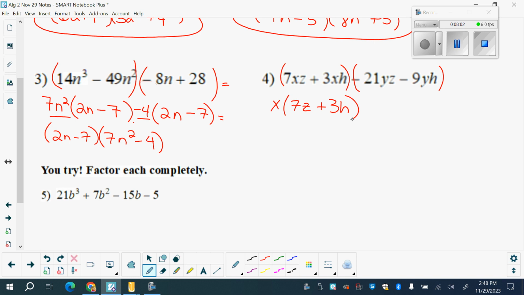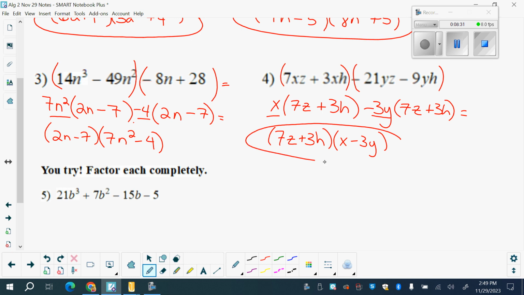So there's going to be a y, and is there a number? Yeah, so negative 3y. And then that would be 7z plus 3h. So those are the same. So 7z plus 3h times x minus 3y. Go ahead and do the U-try, please.